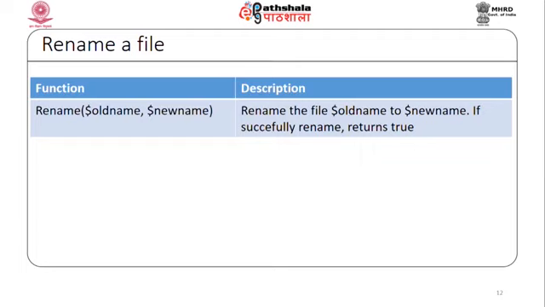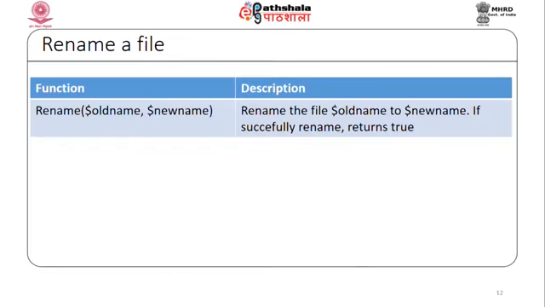In the same way, if you want to rename a file, you can use the built-in rename function. It again takes 2 parameters, old name and new name, and it will rename the old name to the new name. If it's successful, it returns true, otherwise it returns false. Let me demonstrate by writing code.